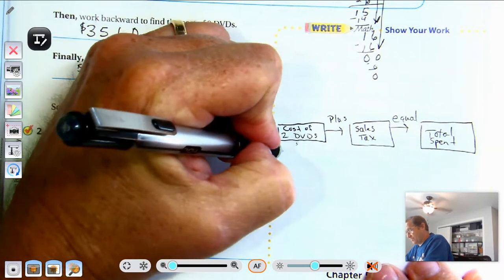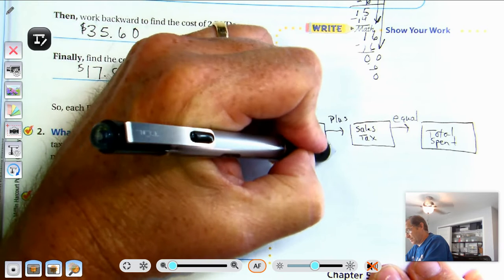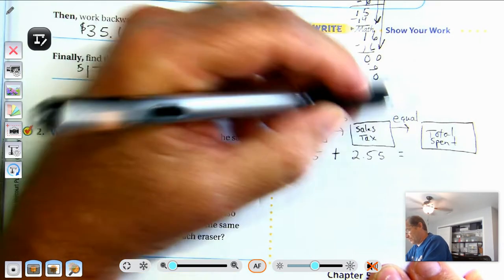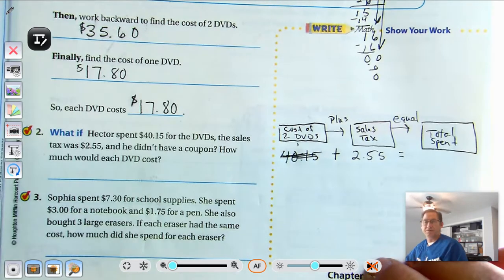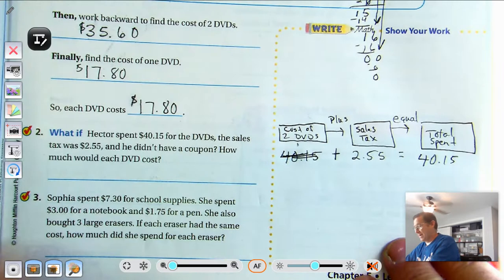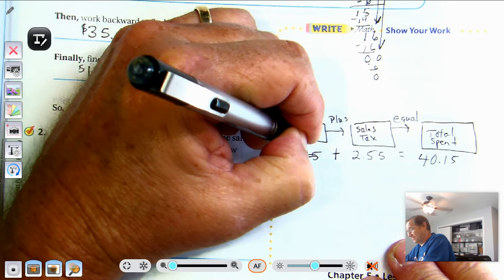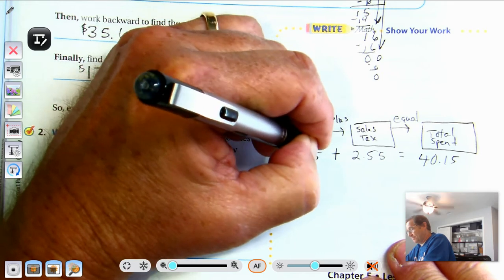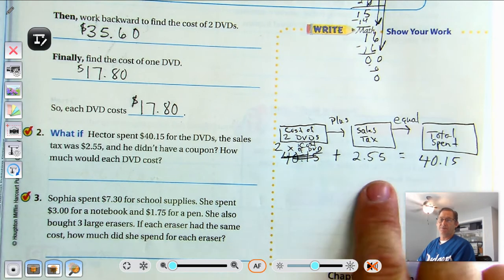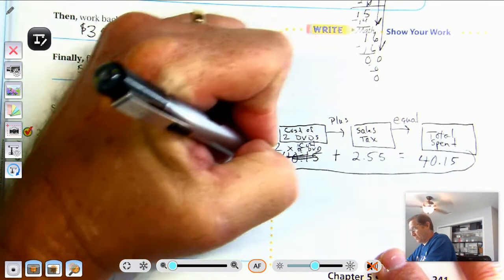Okay, so whoops, I miswrote that. 40.15 was the total amount he spent. I have to find the cost of the DVDs. Okay, so 2 times the cost of the DVDs plus $2.55 equals $40.15. So we can work backwards.